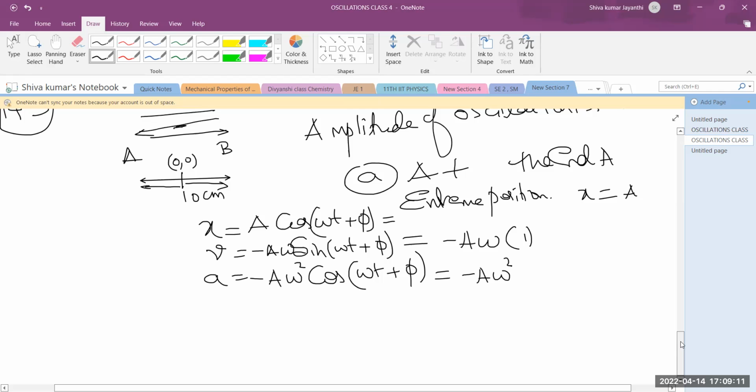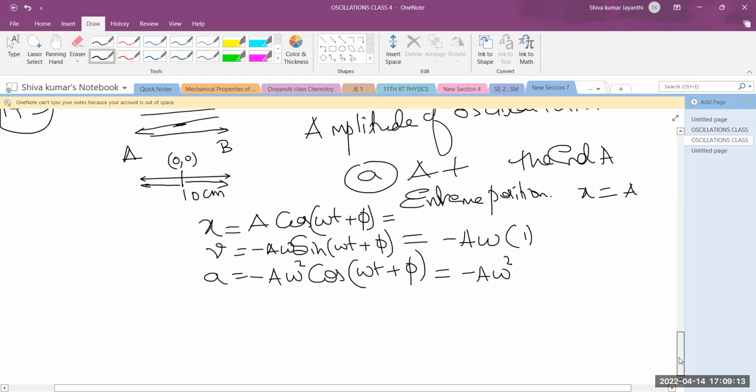So like that we have to do the remaining ones. At extreme position A. Then they asked at B. At the other extreme position B, what happens?